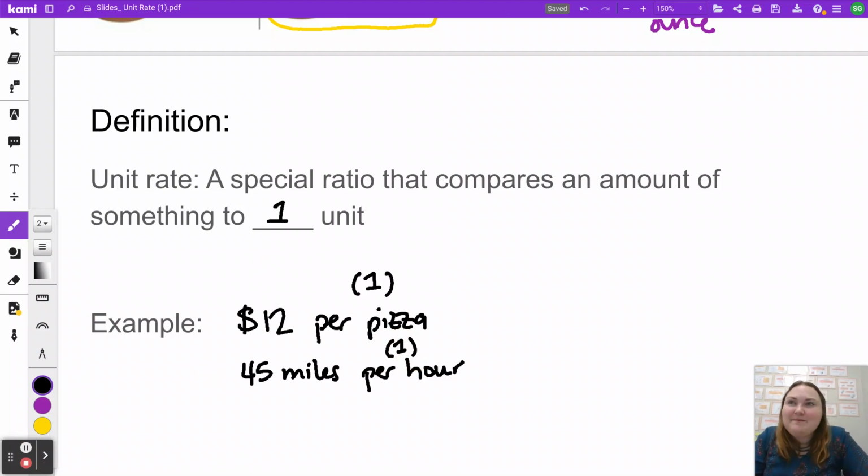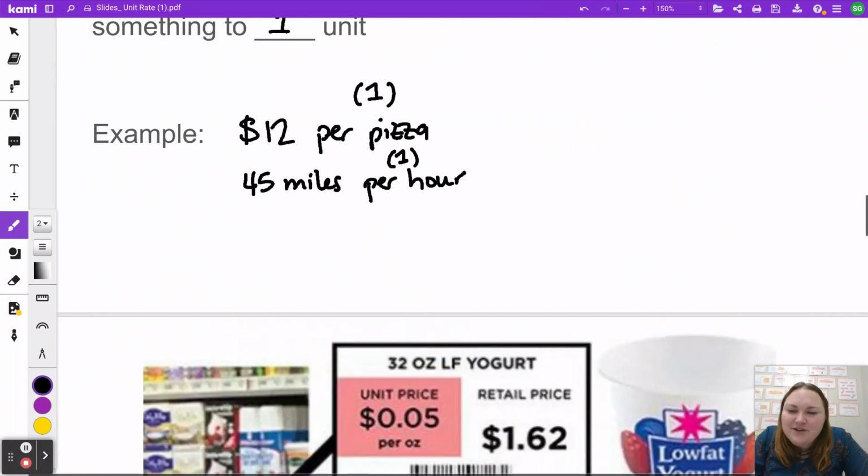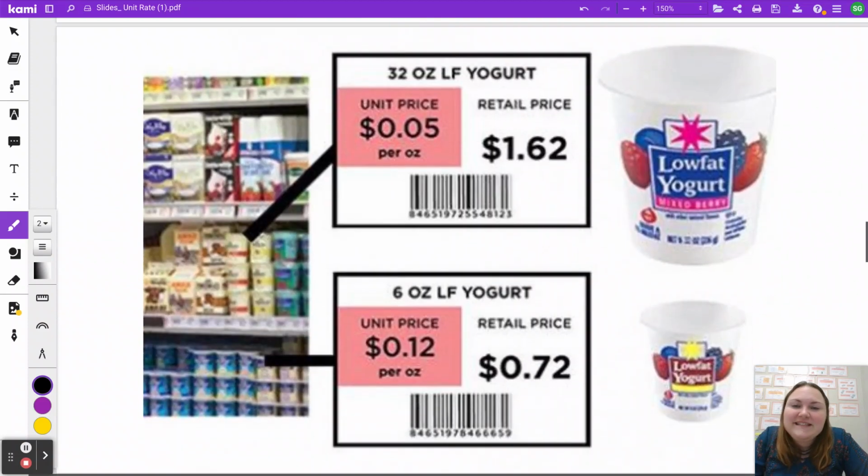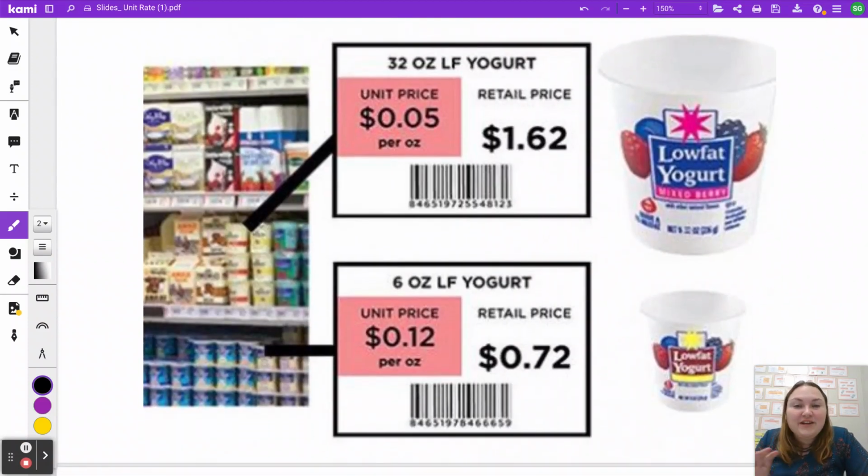If you know what a unit rate is, you're going to see it everywhere. I have a picture below of where you can see it in the store. Lots of times when I'm shopping, this is the one I'm looking at, right? Like that's the price of the object. So in this picture, I've got this large yogurt costs $1.62.